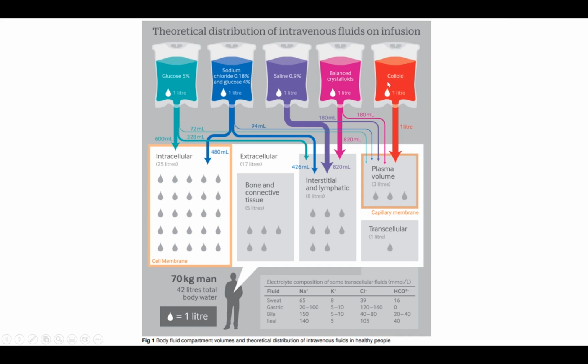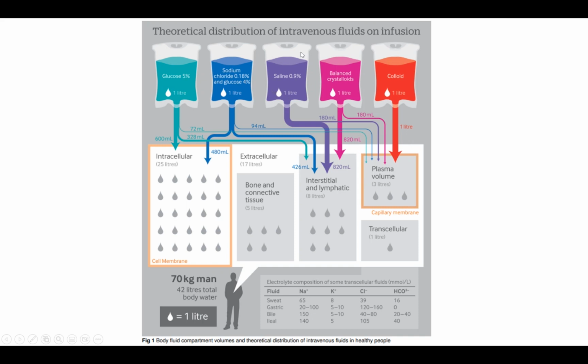If you give 1 liter of balanced crystalloids, that will be distributed between the interstitial compartment and the intravascular compartment. And the percentage is usually 18% intravascularly, and the remaining will be in the interstitial compartment.